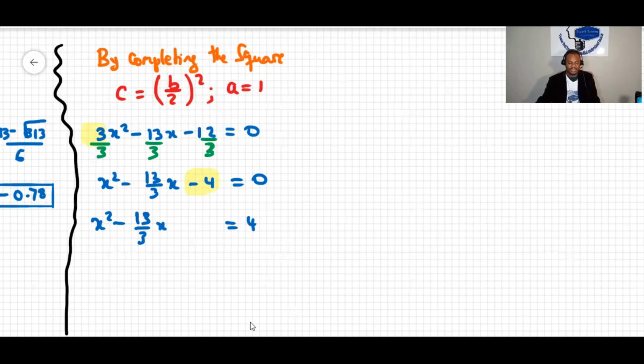Over there, I'm going to work out C separately. So C will be (b over 2) to the power of 2, and the value of b is 13 over 3. So if we work it out, this is 13 over 6 to the power of 2, where 13 to the power of 2 is 169 and 6 to the power of 2 is 36.